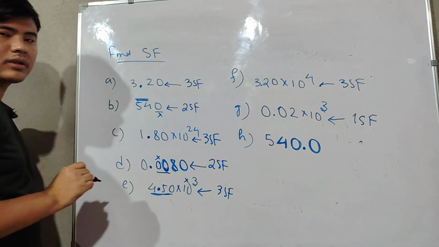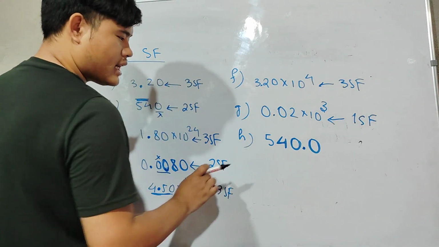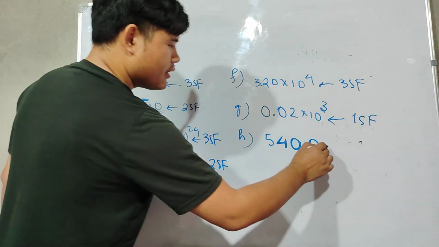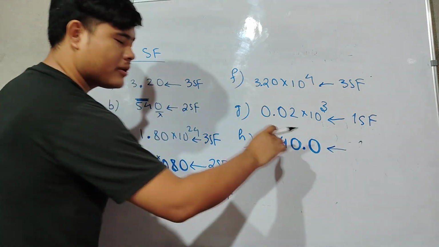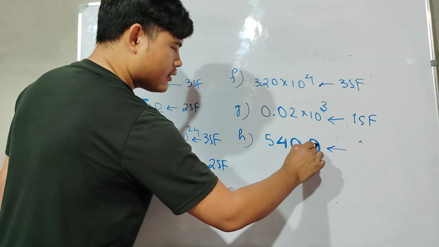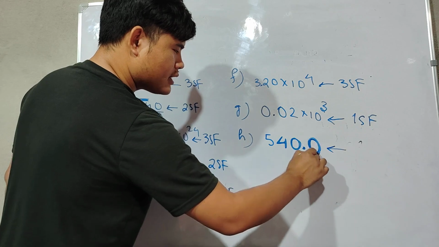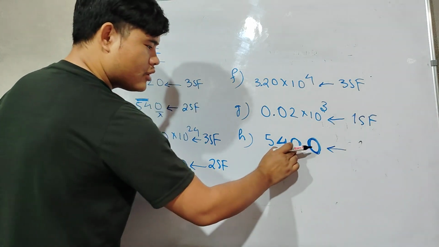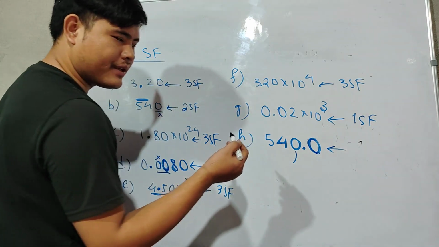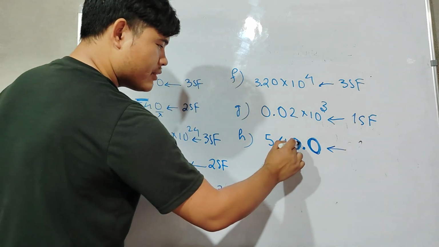What about this now? This 0 is at the last, whether you consider it a significant figure or not. Before the decimal, yes, this 0 will be considered significant, because this 0 is between the significant figures.